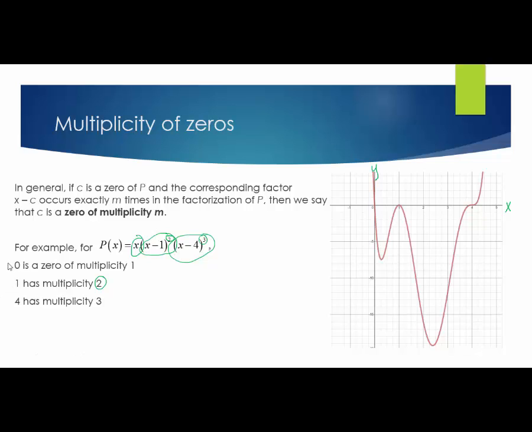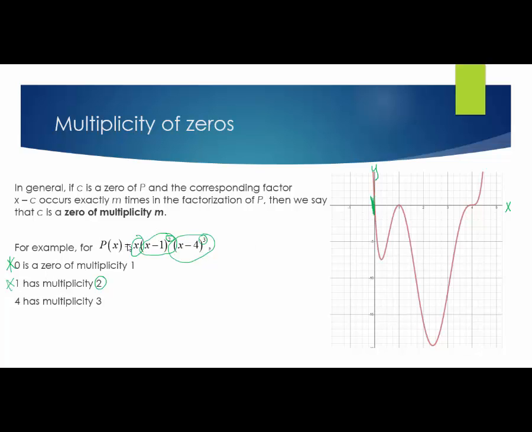If you look at multiplicity, 0 is a 0 of multiplicity 1. So let's go over here. Multiplicity 1, and it passes straight through. It kind of looks like a line right here, which would be a function, x is just a linear factor, a first power polynomial function, and it passes through like a line.